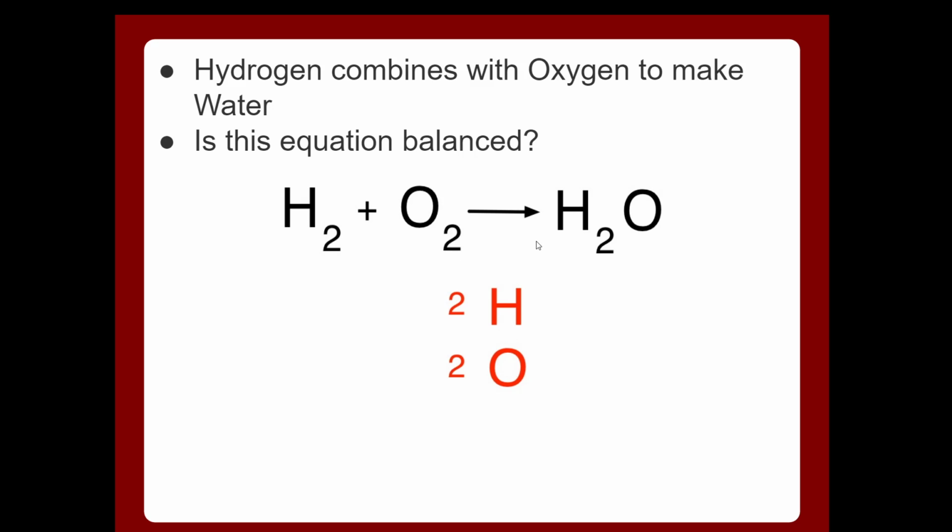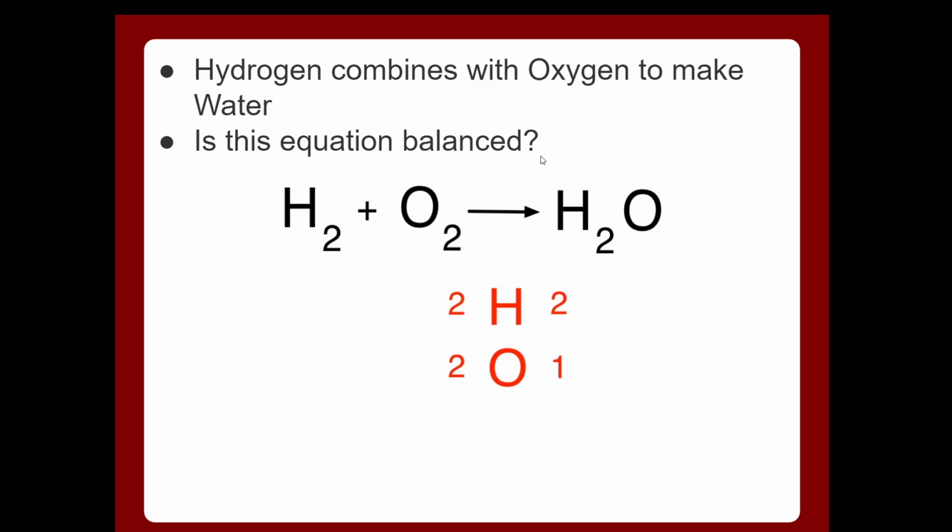O2, there's 2 oxygens. On this side, hydrogen, it looks like we have 2 of them. That's great. That's working out just fine because on the left we had 2, on the right we got 2. But then oxygen, we have an issue. There's only 1 oxygen over here. Oh, that's not good. Okay?